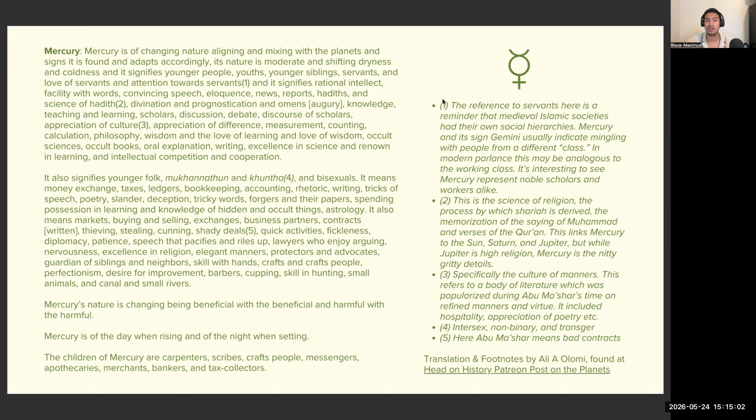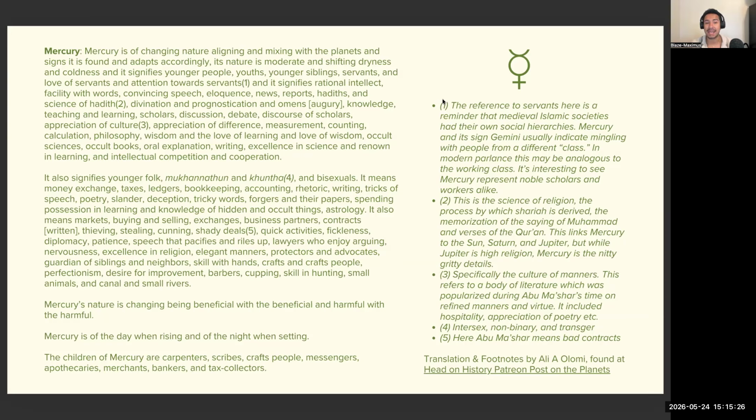Oral explanation, writing, excellence in science and renowned in learning, and intellectual competition and cooperation. It also signifies the mukhanathun and the khuntha, which we've talked about before, the intersex, non-binary, and transgender people of the Islamic world, but also bisexuals. Your local chaotic bisexual is ruled by Mercury.